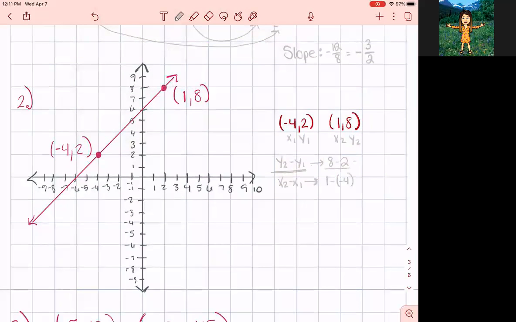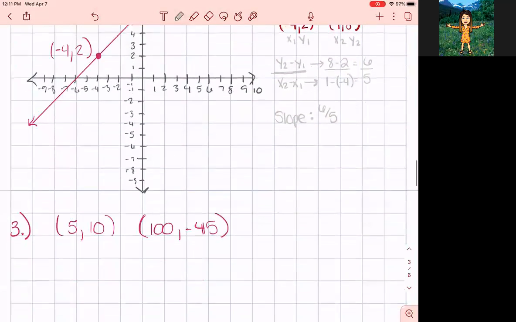Do the math up top and you get a 6. Do the math on the bottom and you get 5. 1 minus -4, same thing as plus. So our slope for this guy is 6 over 5, or you could write 1 1/5. I'm just going to leave it. So there's that one.